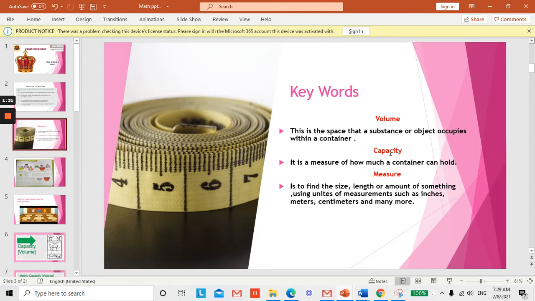It is a measure of how much a container can hold. And we have measure, which is to find the size, length, or amount of something using units of measurement such as inches, meters, centimeters, and many others. Also, we have milliliters and liters.